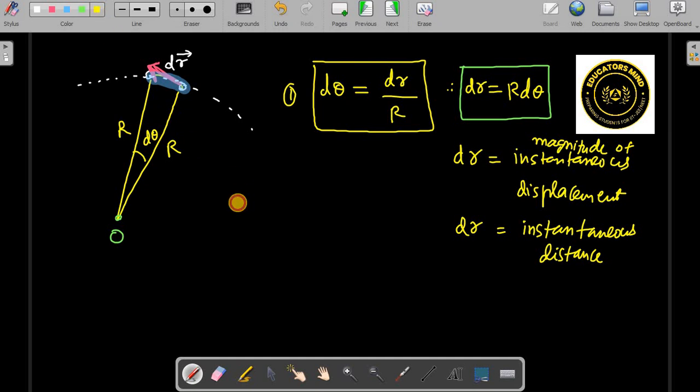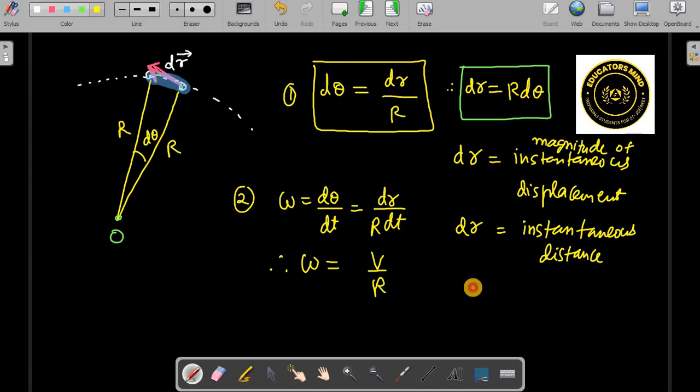Second, let's go to the second relation. Omega is nothing but d theta by dt. So here you can put dr by dt and this r will come out, right? So from here you can understand that omega is dr by dt divided by r, and dr by dt is speed.